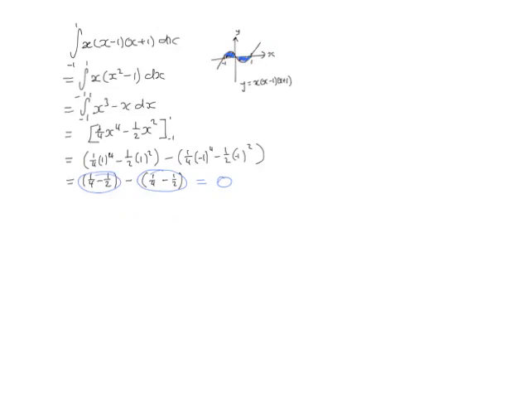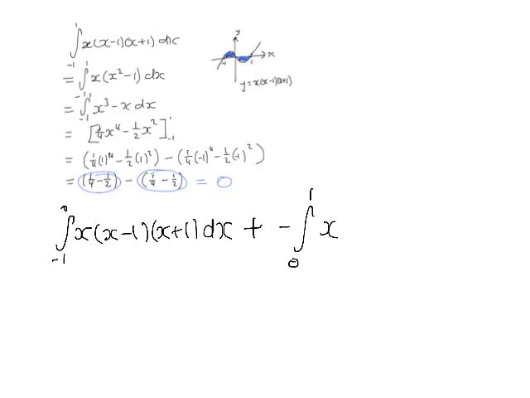So what we need to do to find this area is to do the integral between -1 and 0 of (x minus 1)(x plus 1) dx, and we need to add the negative integral between 0 and 1 of (x minus 1)(x plus 1) dx.